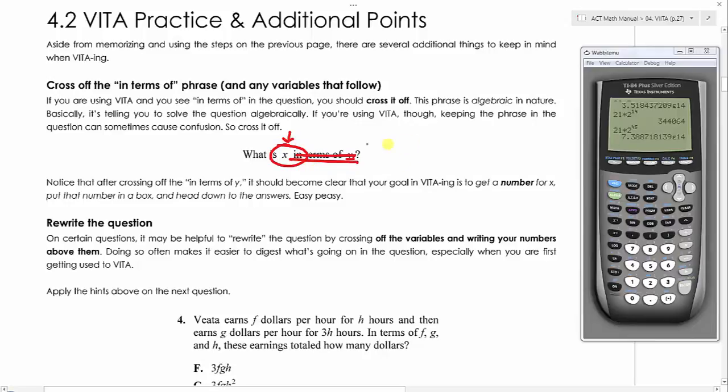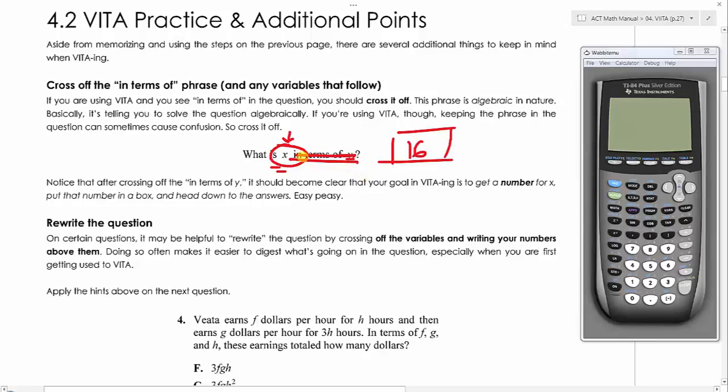And remember, in VITA, what we're going to end up doing is we're going to end up finding a value for X. Let's say we find that X equals 16. So we would box that number, since that's what X is, that's what we're looking for in the answer choices. And this "in terms of Y" phrase is completely irrelevant. It's an algebraic phrase. It's basically ACT's way of directing us to solve algebraically. And since we're not solving algebraically, we don't really need that phrase.